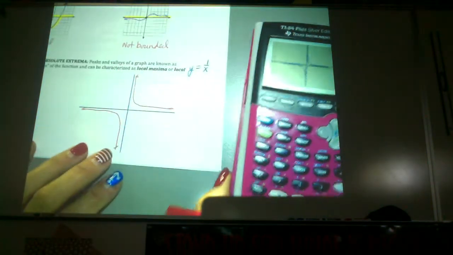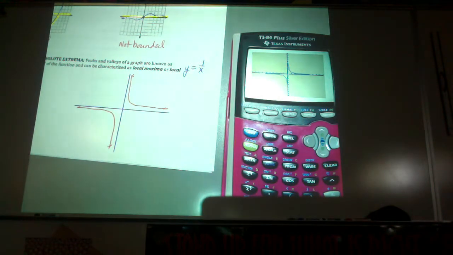What would you say that graph is? Bounded, unbounded, above, below, what is it? I'd say it's unbounded, right? It's not touching the x-axis anywhere, is it? Nor will it. X cannot be 0, therefore y cannot be 0.